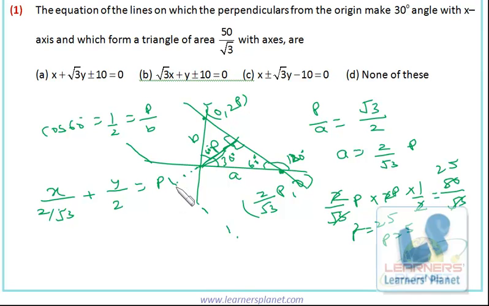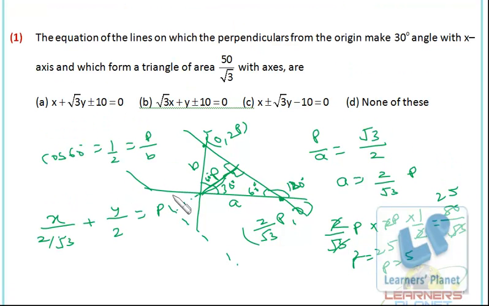But as far as the length is concerned, we'll always take it positive. Okay, so these two are parallel lines. From the two values of p, we will be able to get two equations of lines, and these two lines will be parallel. Okay, I hope you are getting it.